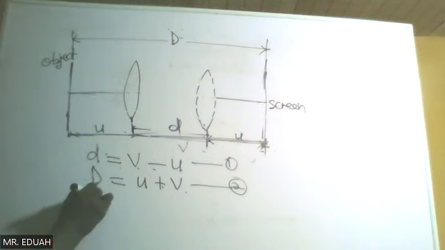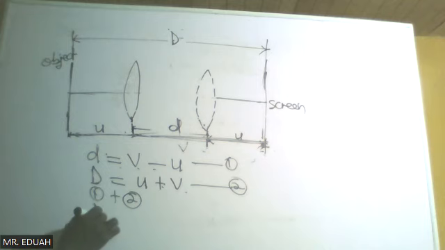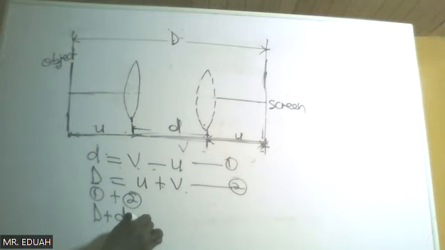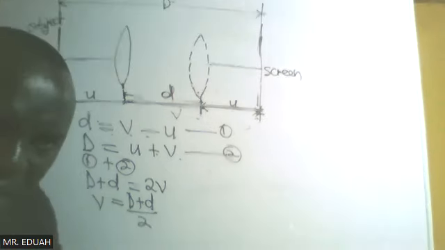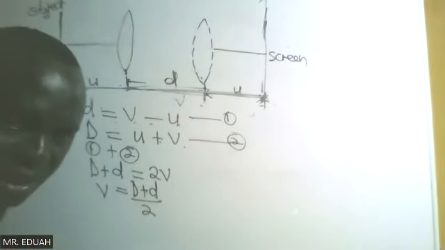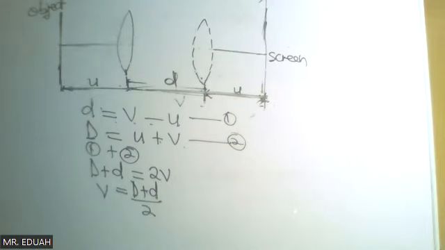So equation 1 plus equation 2 gives us D plus small d equal to 2V, and V is equal to D plus small d all over 2. Please, are you with me? Can I continue?